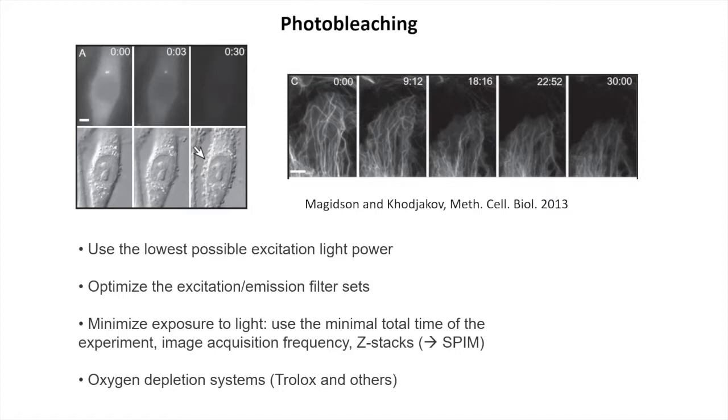Unlike fixed cells, the chemical ways to minimize photobleaching, in my opinion, are not that efficient. There are different oxygen scavenging systems that you could use, including this X-rays, etc. Those are okay for organic fluorophores. They're not as efficient for fluorescent proteins.